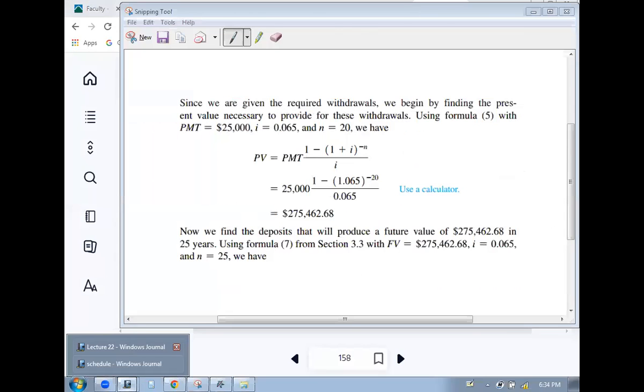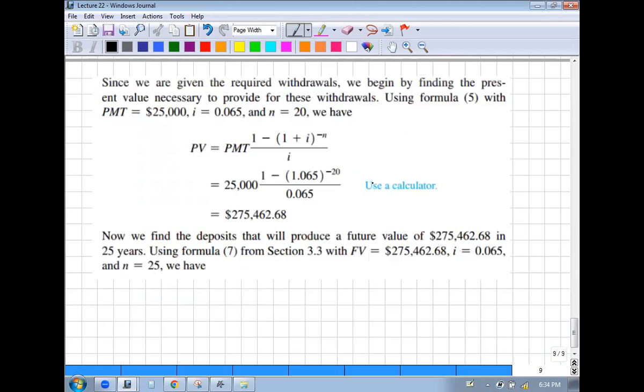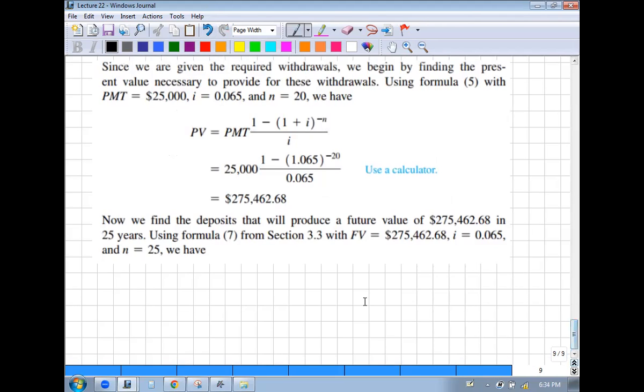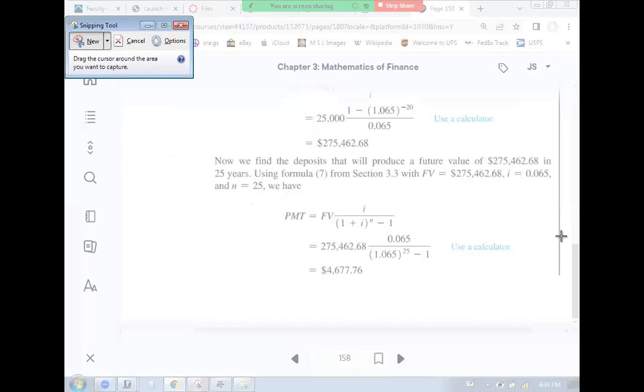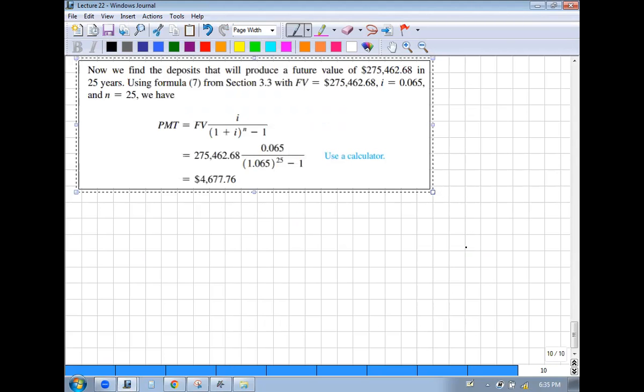Here's the first part. We're given the required withdrawals. We begin by finding the present value. So here was present value, which we can actually find out. It was just one big number, right? So up here, the present value, this is all numbers. There's no letters there, right? It's this side that had the only thing that we needed to solve for. And we find, figure out what the deposits are.